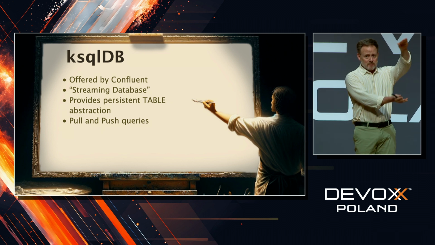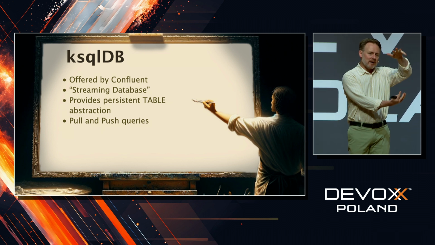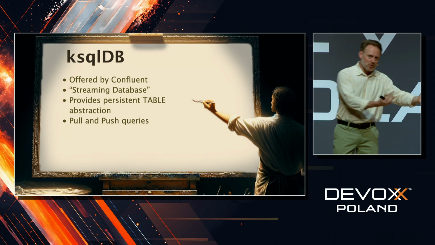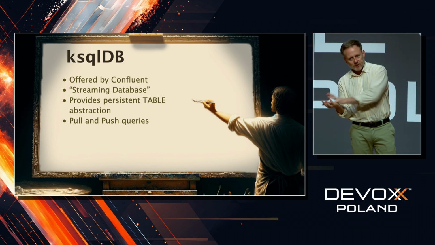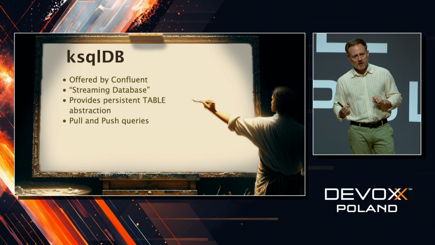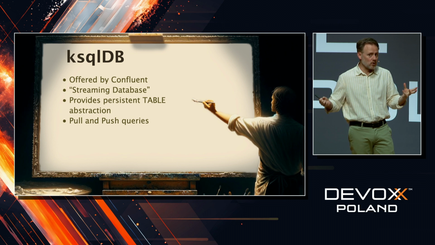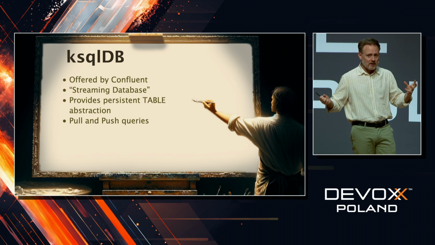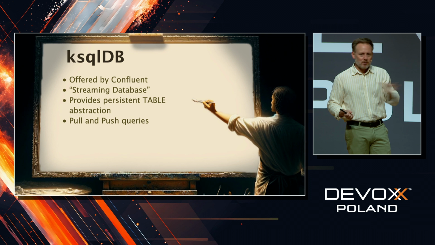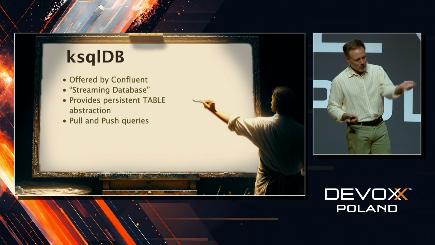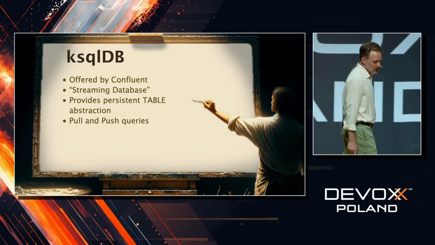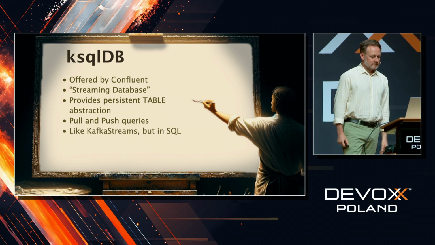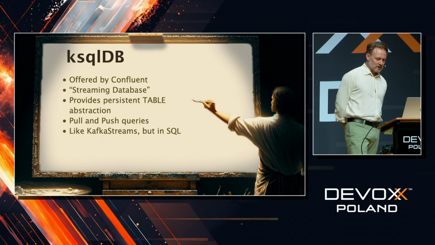That could be resulting in a table, but you can do a push query and have the server push results to you when things in that table change. Or you could do a pull query, that's say a point query on a particular key where you're just pulling one result. Push queries never stop running. You're always getting more results from them. Pull queries, you might get a result and have the query run to completion. Yeah, as I said, Kafka Streams, but in SQL.